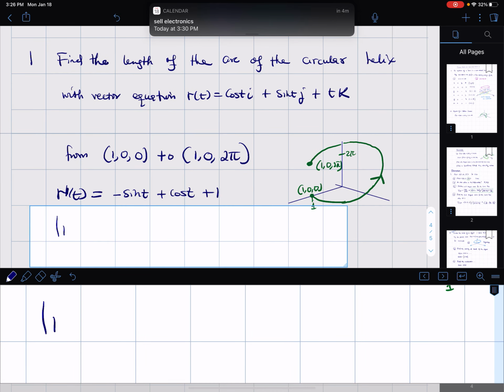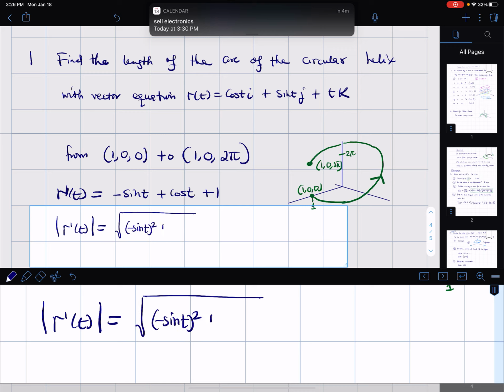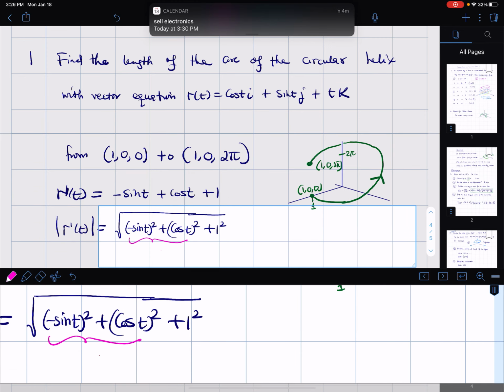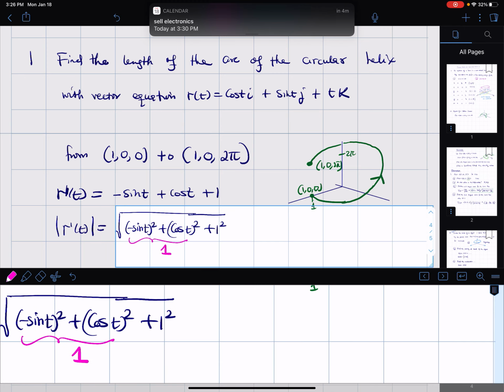So the magnitude of r prime of t is the square root of the sum of those squares: sine squared t plus cosine squared t plus 1 squared. Sine squared t plus cosine squared t is equal to 1, so we just have the square root of 2. This gives us the square root of 2.